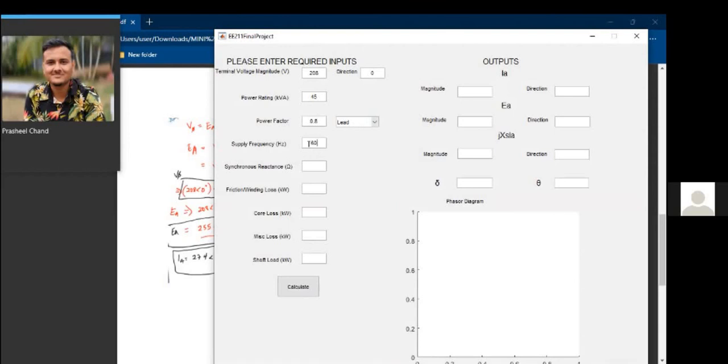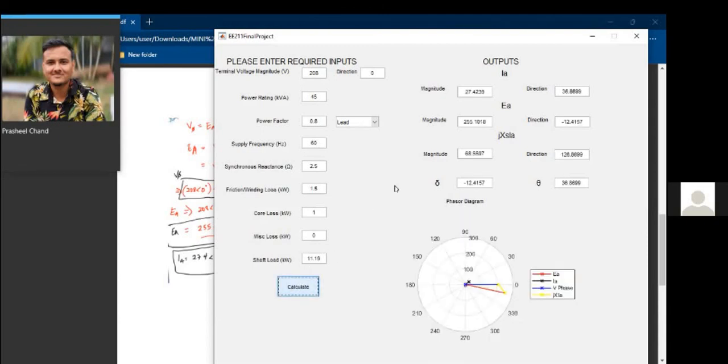The supply frequency was 60 Hz, synchronous reactance 2.5 ohms, friction and winding loss 1.5 kilowatts. Core loss is 1 kilowatt. We didn't have any miscellaneous losses, and the shaft load was 11.19 kilowatts. Upon pressing the calculate button, we have obtained the values of IA, EA, jXs IA, delta, and theta.